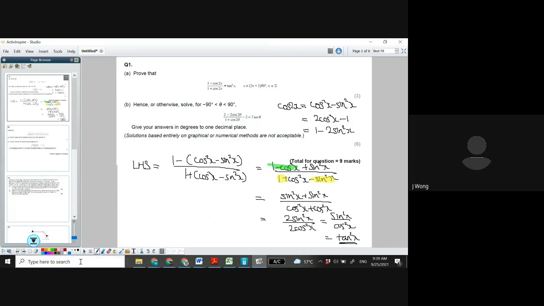Since GCSE proofs, we know that 2n represents an even number. This is how we describe any even number. So if we add 1 to it, that will be an odd number. And since we're multiplying it by 90 degrees, this is an odd multiple of 90 degrees.